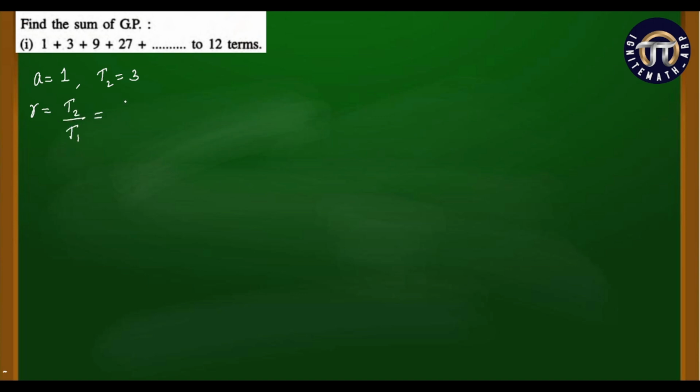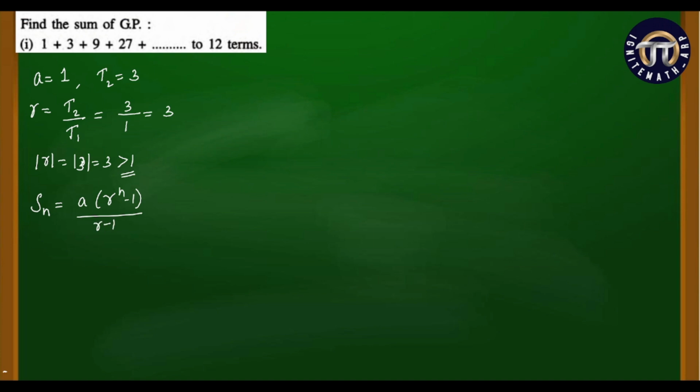T2 is 3, T1 is A, so R is equal to 3. Modulus of R is 3, which is greater than 1. So if R is greater than 1, then Sn is equal to A into R to the power of n minus 1 by R minus 1.